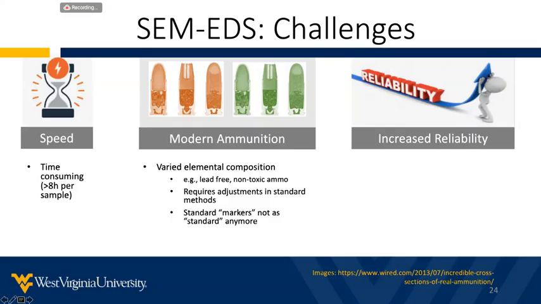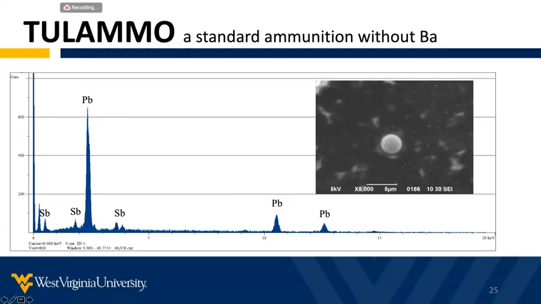Lead-free or non-toxic ammunition may have compositions with lighter elements requiring adjustments of contrast and other parameters in the automatic routines. And with the variety of elemental composition, standard markers are not as standard anymore. For instance, during our research, we have found several examples of standard ammunition that does not contain barium, and this is the case of this Tulammo.